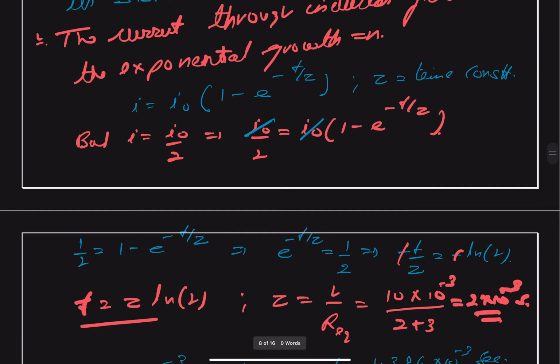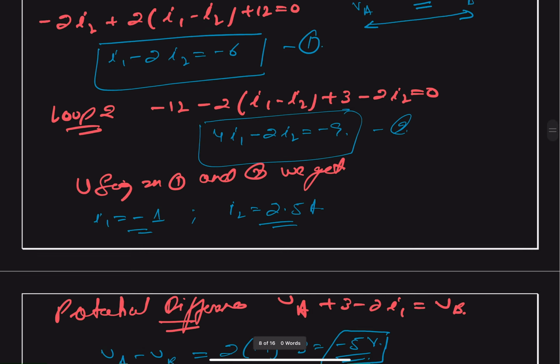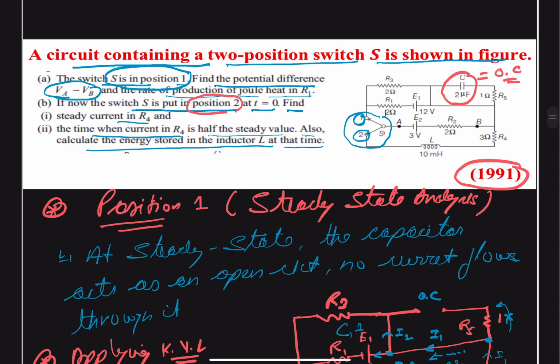So this was our first part, and we also found out the steady state current, and the current at half the steady state value, and we are going to find out the energy at that time.